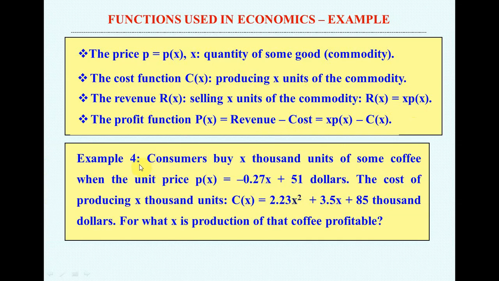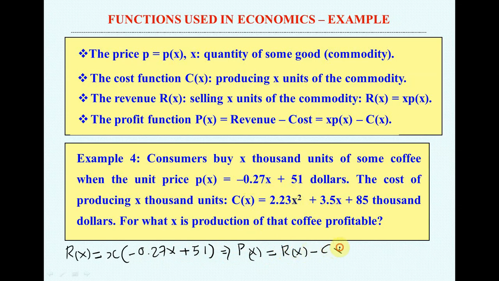Let's see example 4. Consumers will buy s thousand units of some kind of coffee when the unit price p(s) is given. Quantity multiplied by price gives the revenue. And when we have revenue and cost, you can find the profit function. The profit function will be the revenue minus cost.